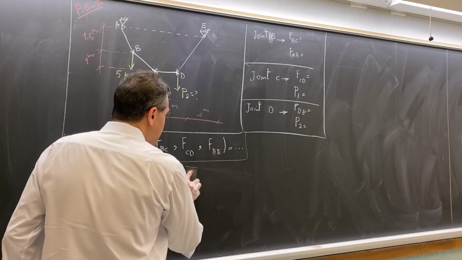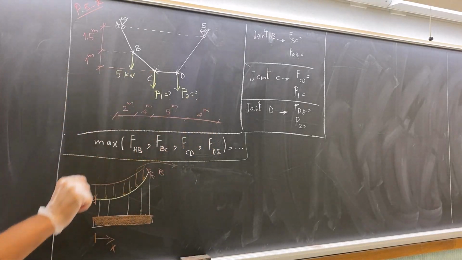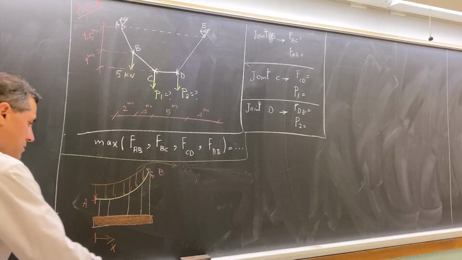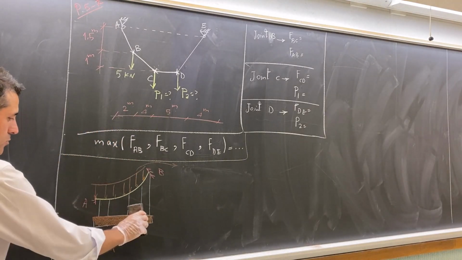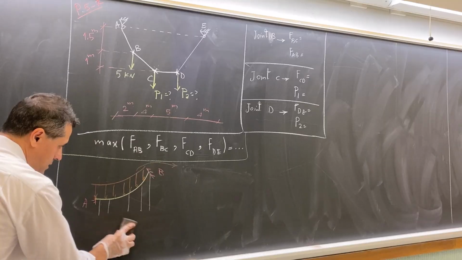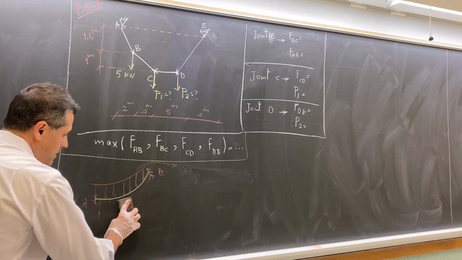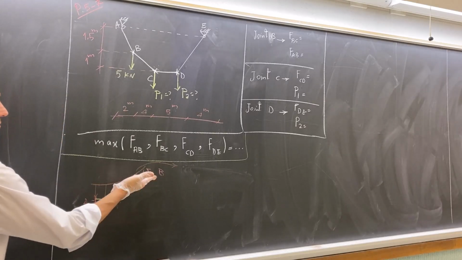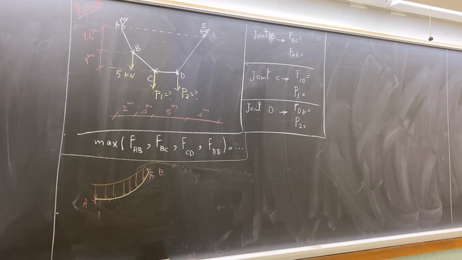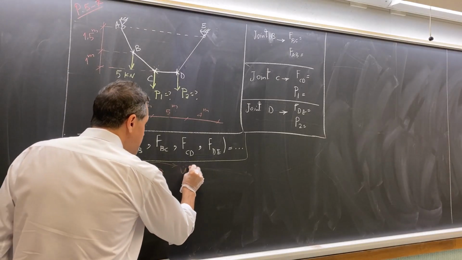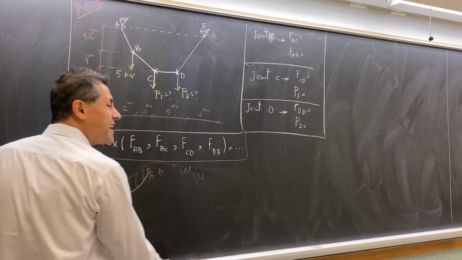But when it comes to the self-weight of the cable, I just want to remove this part. We don't have anything attached to the cable. We just have the self-weight of the cable. But in this case, w is a function of s.